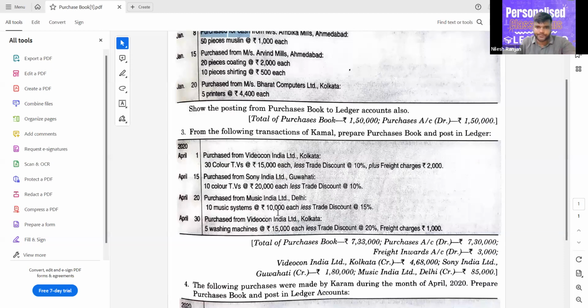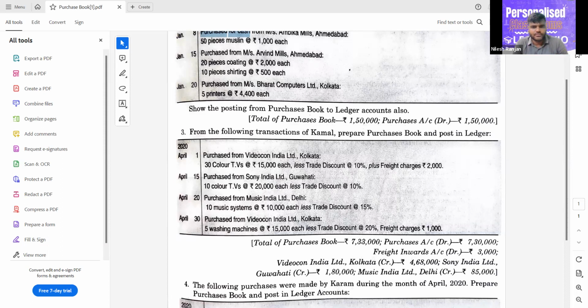Okay. Then add freight charges. Freight charges 20,000. Freight, it is called freight. Oh, okay, sir. Plus freight charges 2,000. 2,000 it is.